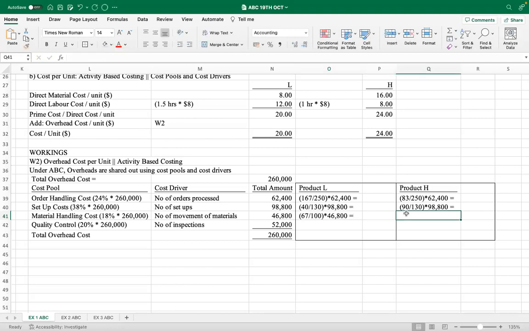And this other one is 33 over 100 times 46,800.